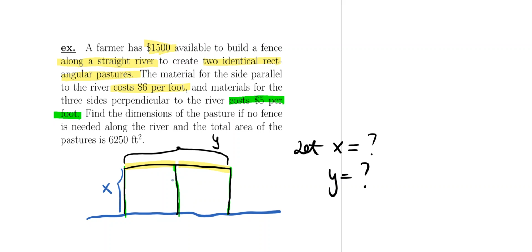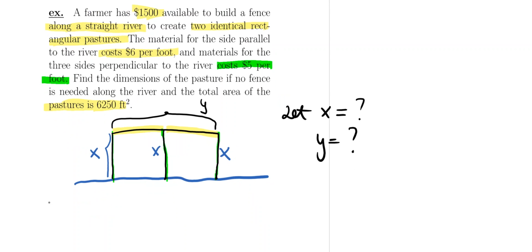So if this is x, then this is also going to be x, and this is also going to be x. So now, what would be our system? Think about the information we're given. We're given that he has to spend $1,500 and that the area needs to be 6,250. Okay? So this is going to be our system.